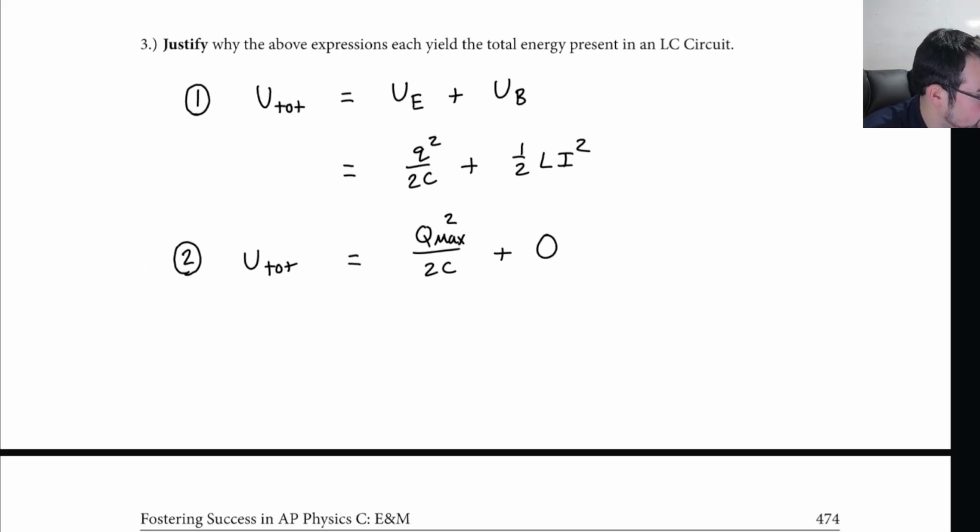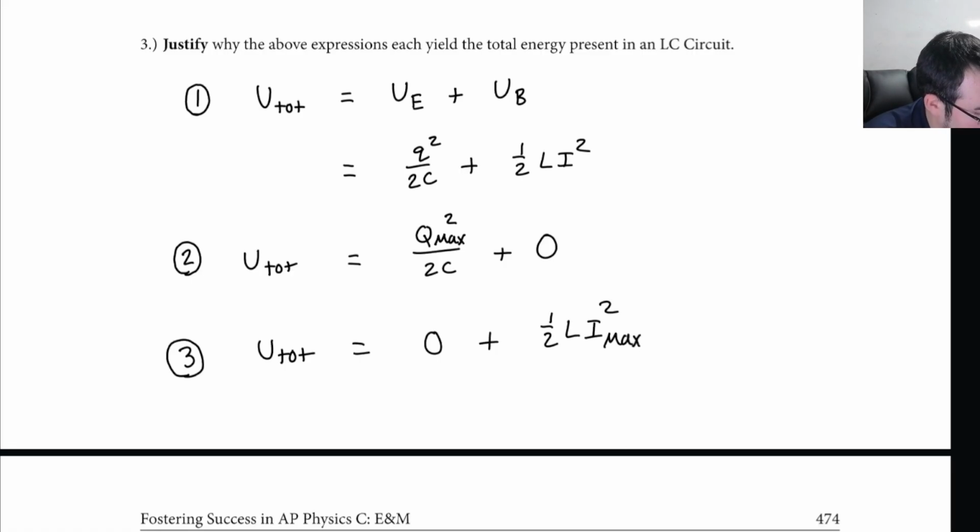So one of the terms gets wiped out. And by symmetry, we could have also written the other extreme case where we had no charge on the capacitor because we had maximum current through the inductor.